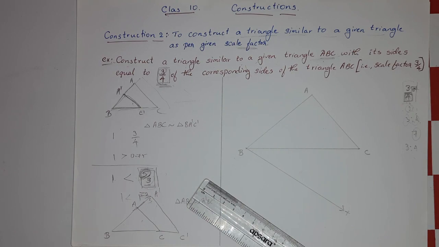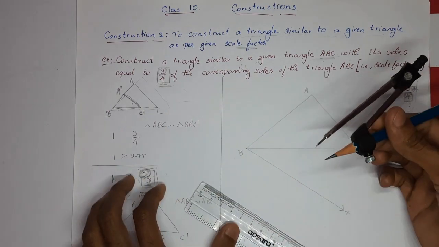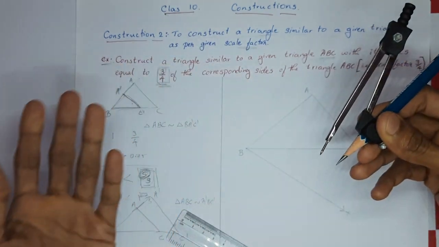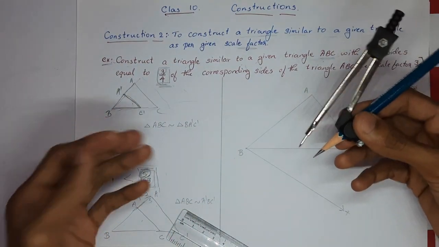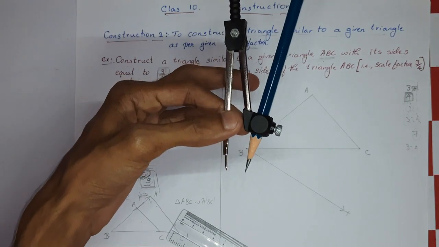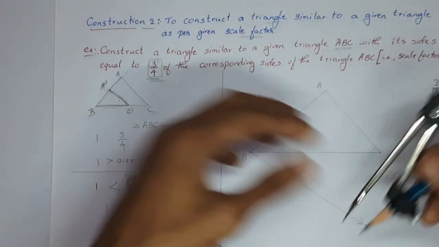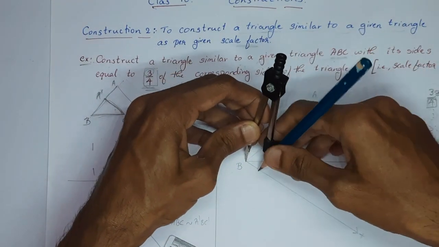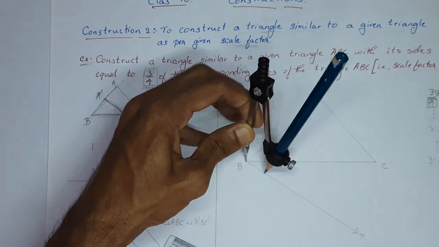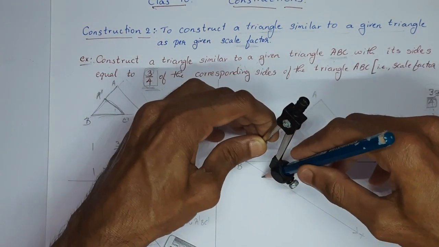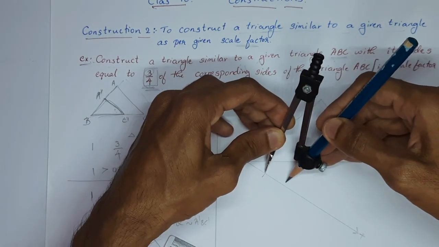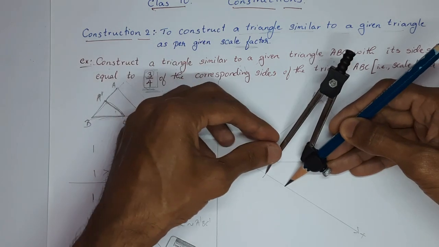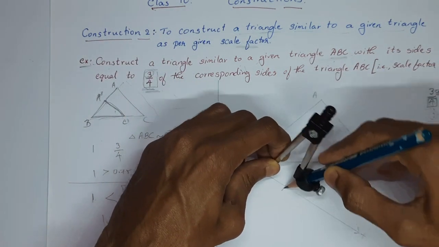Similarly, take a compass and measure any length; it is left to you. I am not saying you have to take the same length. Now keep the compass on B and cut, but take only 4 lines, not more than that. From here you continue, so one line is joined. From that point continue and join one more point.